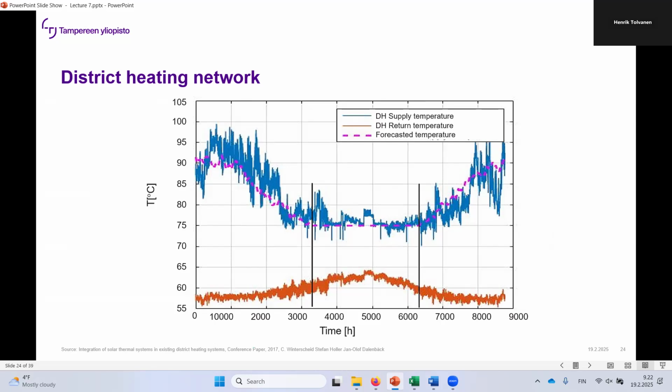And in the winter, the supply temperature, the colors, of course, should be vice versa. So this is the hot side, and in the winter time, it's higher. In the summertime, it's cooler. And the return temperature is vice versa.